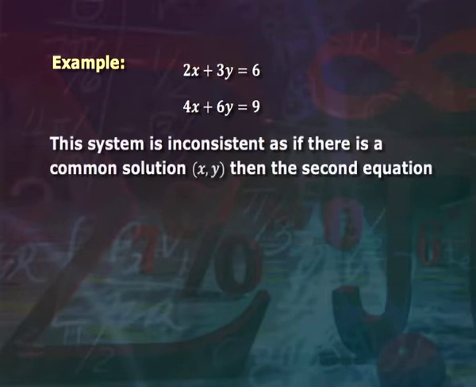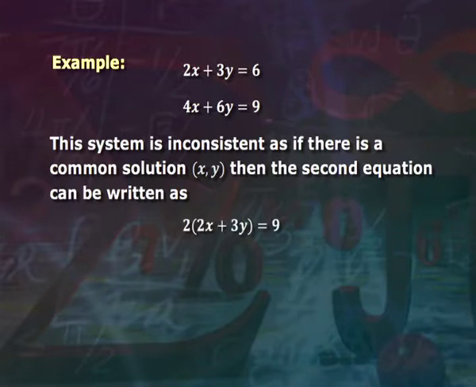Example: 2x plus 3y equal to 6 and 4x plus 6y equal to 9. This system is inconsistent, as if there is a common solution x, y, then the second equation can be written as 2 into 2x plus 3y equal to 9.